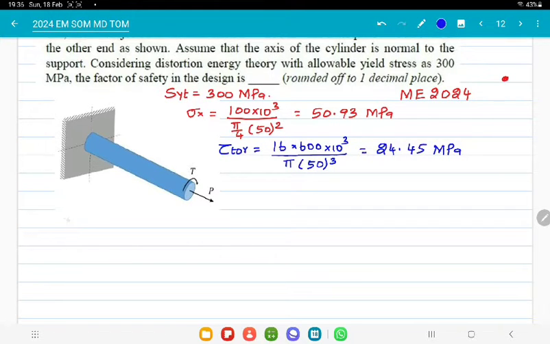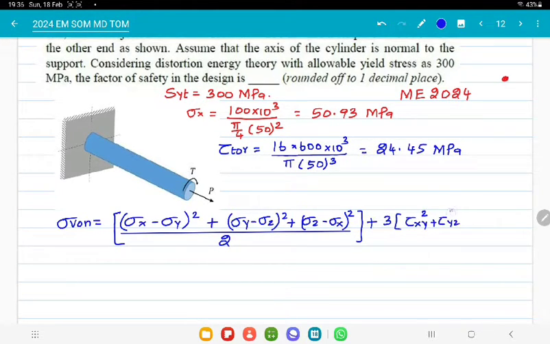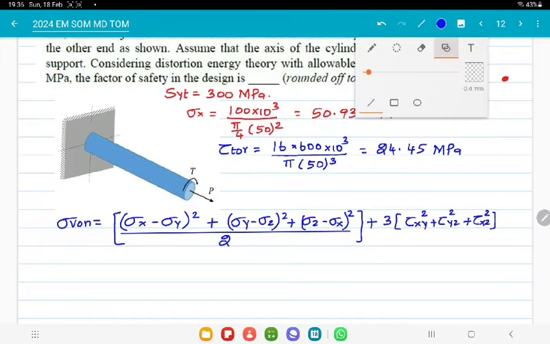So sigma 1 equal to square root of [(sigma x minus sigma y) whole square plus (sigma y minus sigma z) whole square plus (sigma z minus sigma x) whole square by 2, this is first part, plus 3 into (tau xy square plus tau yz square plus tau xz square)] under whole square root.